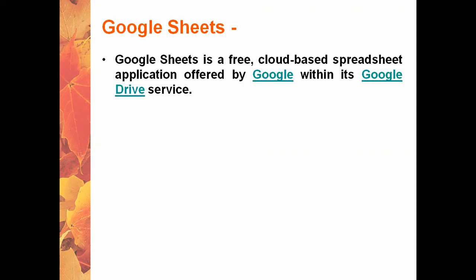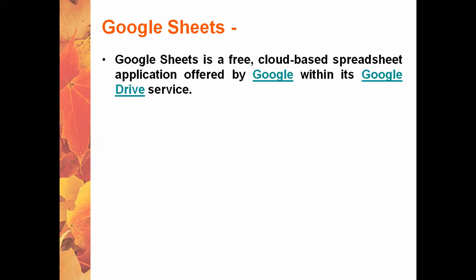Now the next thing is, what is Google Sheet? Till now we have understood what is a spreadsheet. Now we will know what is Google Sheet. Google Sheet is a free cloud-based spreadsheet application offered by Google within its Google Drive service.